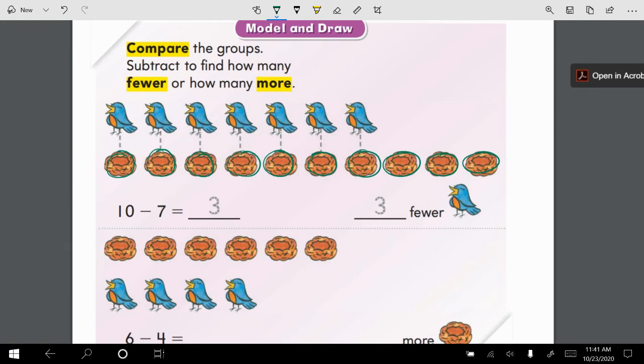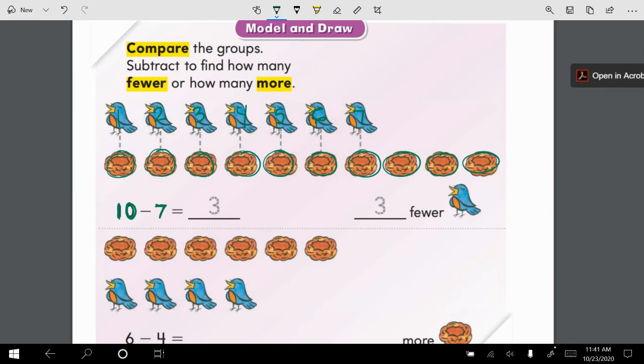There are 10 bowls. You can see that they've drawn a 10 right here for us because that's our largest number. There are 1, 2, 3, 4, 5, 6, 7 birds.